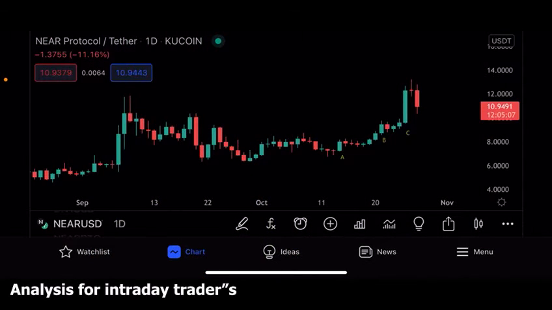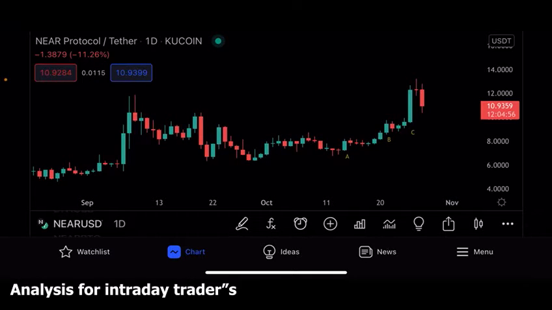This is the NIR protocol USDT chart for 1 day, and already there was some kind of correction from the price of 12.9 as we saw yesterday.